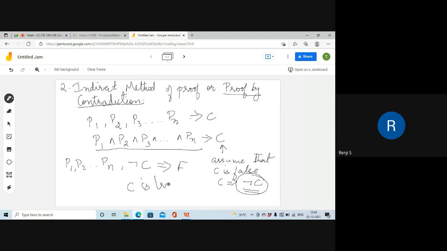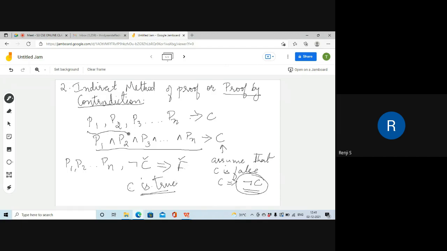We had added not C, and if not C leads to false, then C is true. The opposite is true. Is it clear?